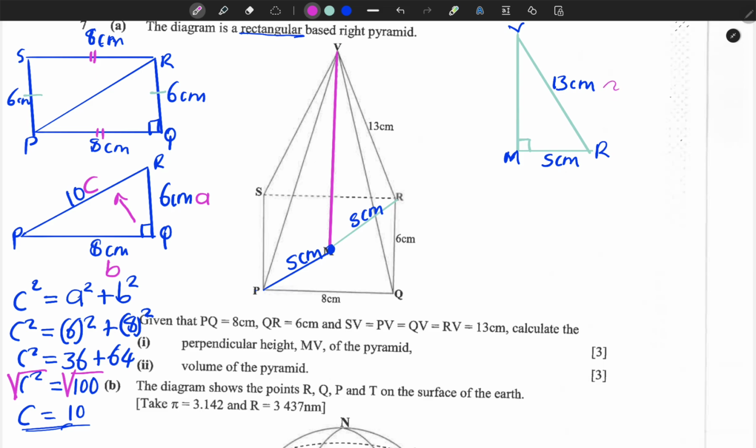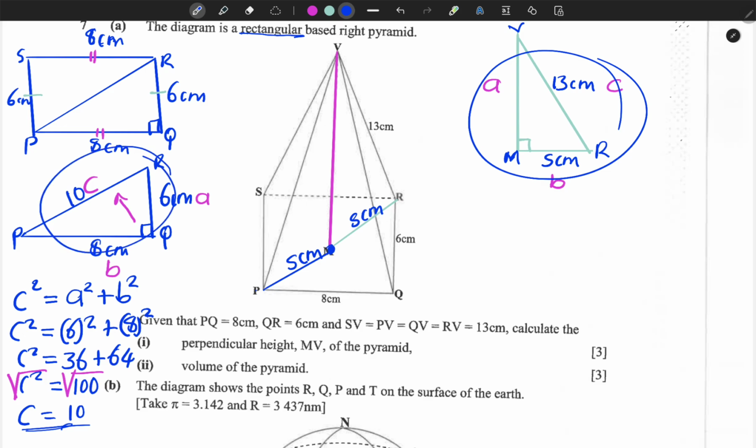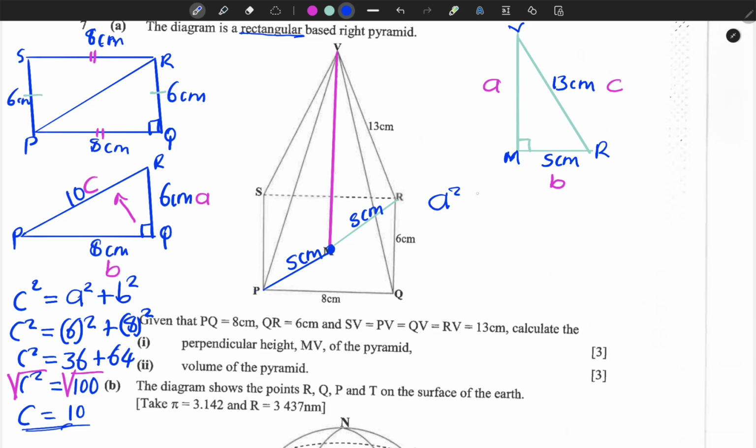So like I said, this is C, A, B. Now, if you look at this one, the hypotenuse is given. Since we want A, you say A squared is equal to C squared minus B squared. So A squared is equal to 13 squared minus 5 squared.